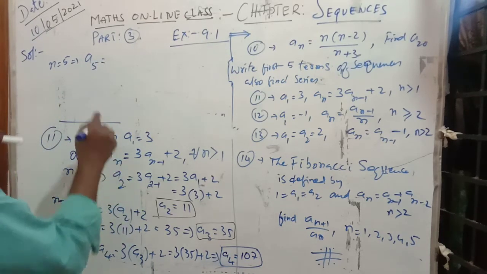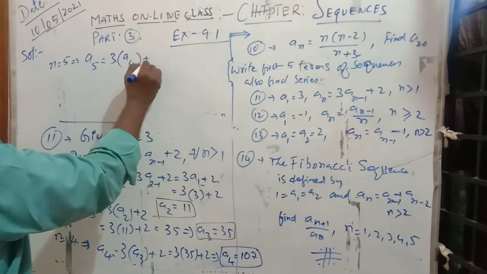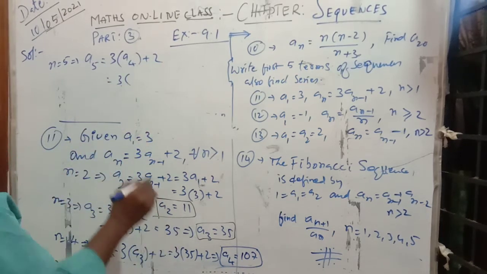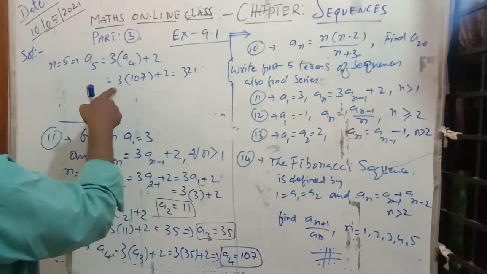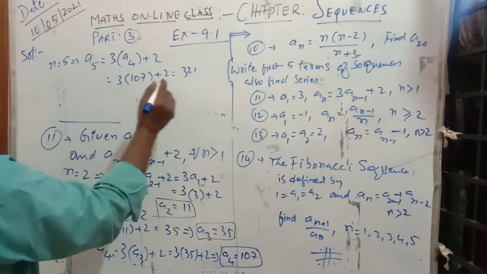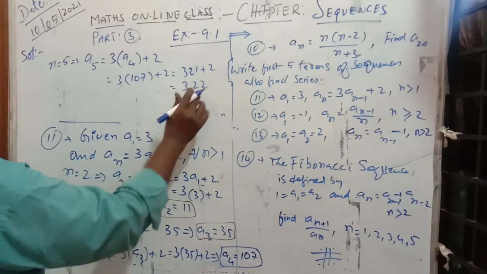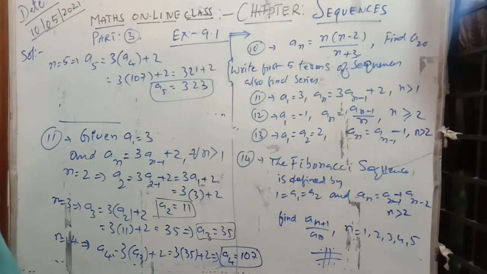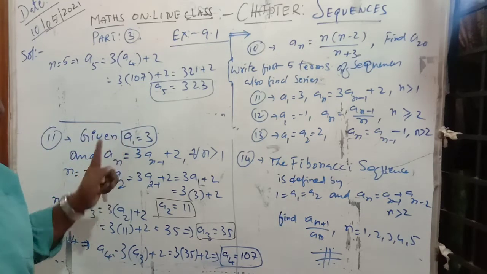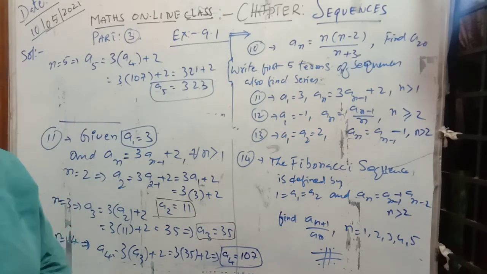A5 is 3 into A5 minus 1, which is A4, plus 2. 3 into 107 is 321, plus 2 is 323. So A5 is 323. A1 was already given. So the first 5 terms are A1, A2, A3, A4 and A5.